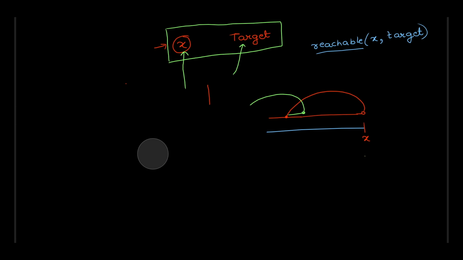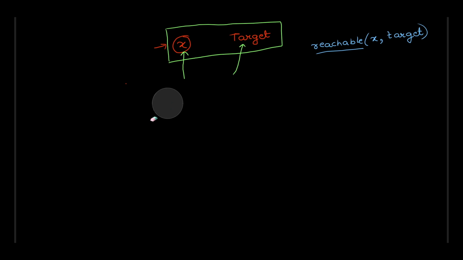So this means that you can say something like, let's define next of x, and next of x we define as x plus 1 if x is odd, and this would be x by 2 if x is even.